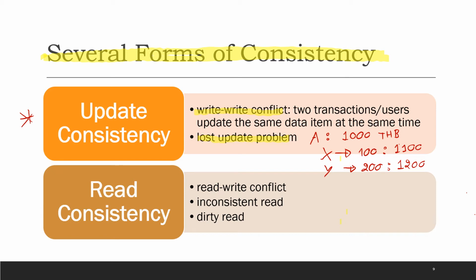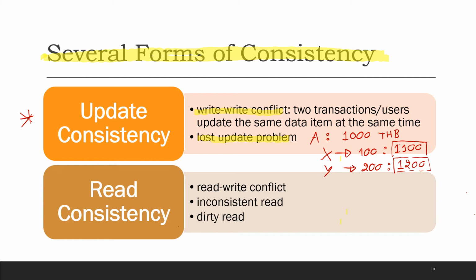Finally, whatever the final update is, you have only 1,200 or only 1,100 instead of 1,300, which is supposed to be the correct update that you should get. So this is one example of update consistency problem.